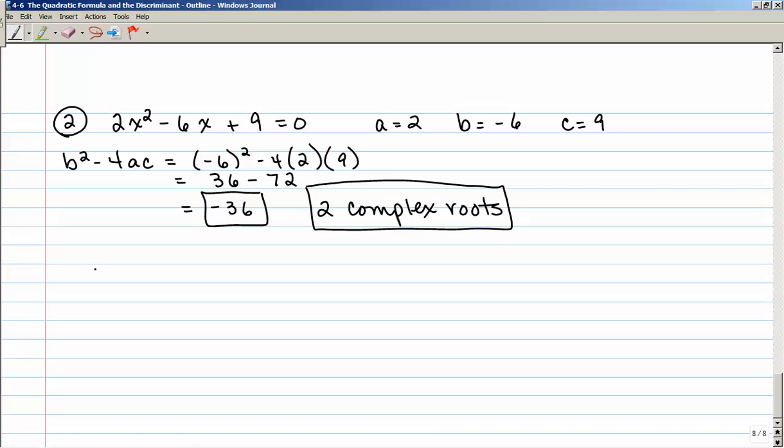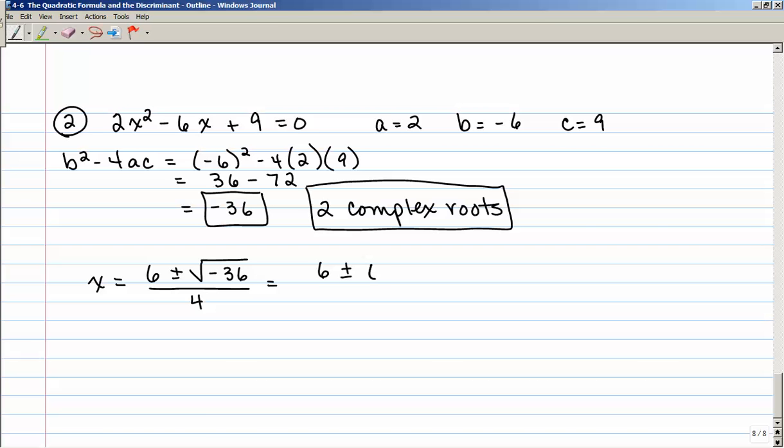And now to go on and continue solving it. x is equal to negative b, so the opposite of negative 6 is positive 6, plus or minus the square root of negative 36. Remember, that's my b squared minus 4ac. I already did that. All over 2 times a, which is 4. Let's clean that up a little bit. So that's going to be 6 plus or minus the square root of negative 36, which is going to give me an i for the square root of negative 1.